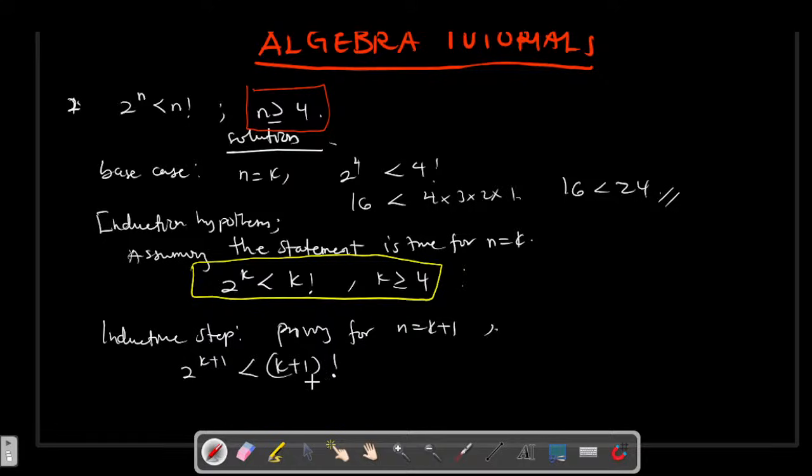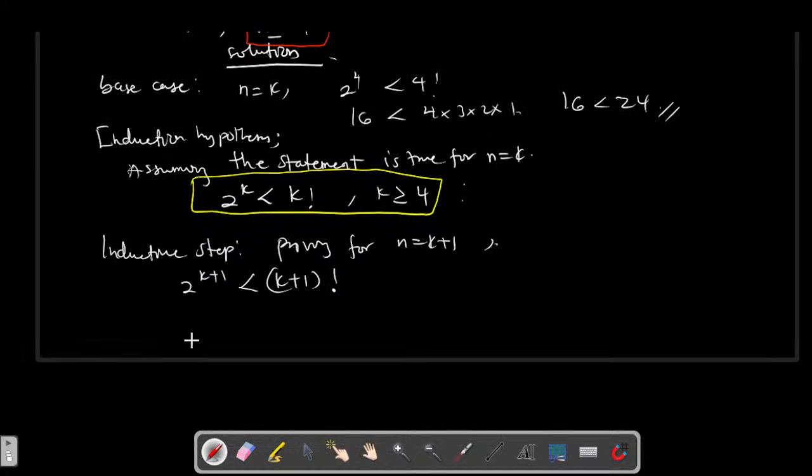Please take note, whenever they give you an induction, when you reach the inductive step, you surely use your inductive hypothesis. You can't solve the inductive step without using the hypothesis. You get it wrong because you are dealing with unknowns. So for us to get this question solved, we are working with the inductive hypothesis. Remember, 2 to the power k plus 1 by indices is the same as 2 multiplying 2 to the power k, and it should be less than (k plus 1) factorial.